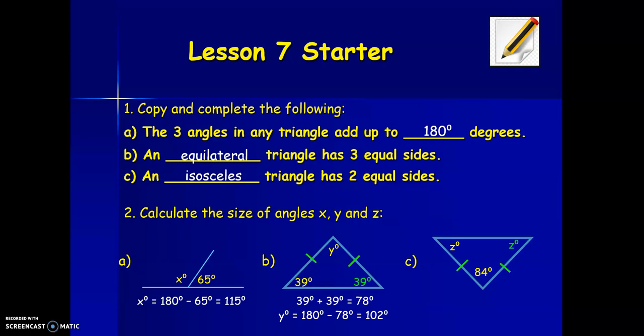So we have two angles Z. We have to take 84 degrees away from 180 degrees to see what is left to share equally between the two angles at the elbows. So this time we do 96 degrees divided by 2 and we get Z equal to 48 degrees.